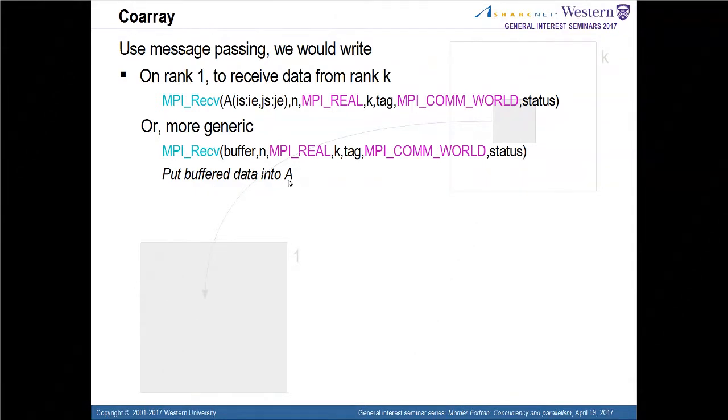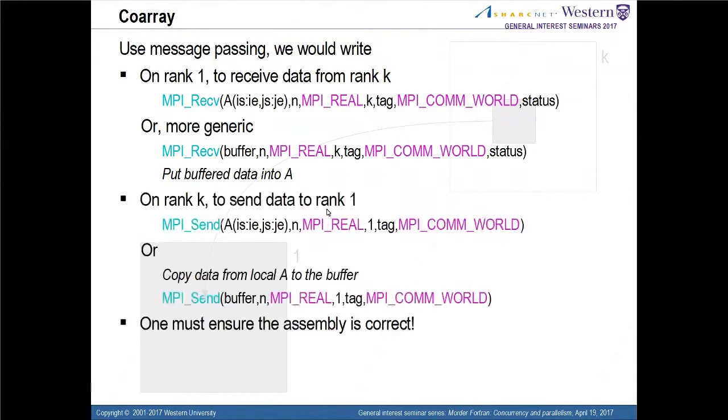This is the process. And on process K or rank K, we need to send the data. We need to send this amount in number of elements to process A, to rank A. Or in a more generic form, we need to copy the data from the local A to the buffer, and have the call MPI send to send the buffer, the data, to process 1.